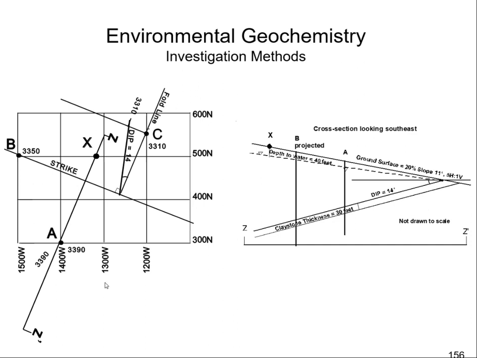The cross section has a slope to it. It's a 20% grade. So engineers and engineering geologists talk about slopes, whether they're cut slopes or fill slopes or road grades or whatever, they're in percent grade. And what that means is gradient after you take the percentage sign away and move the decimal place over two locations.